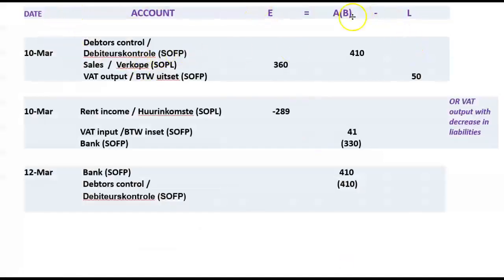So debtors will be debited, so the asset will increase with the full VAT inclusive amount of 410 Rand. Sales is going to be credited, so owner's equity is going to increase with 410 divided by 1.14 equals 360 Rand, and VAT output is a liability account, so 360 times 14% will give us 50 Rand.